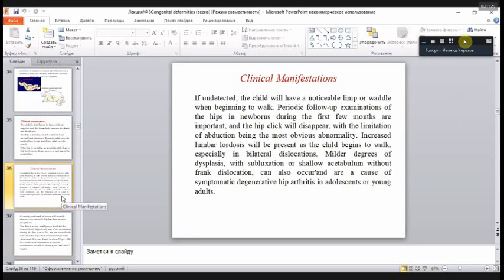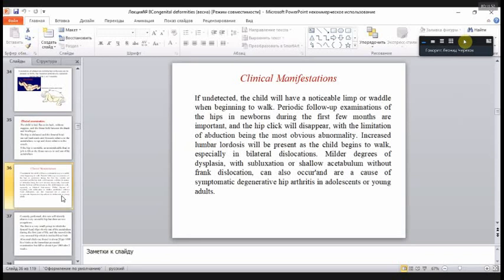If undetected, the child will have a noticeable limp or waddle when beginning to walk. Periodic follow-up examinations of the hips in newborns during the first few months are important.